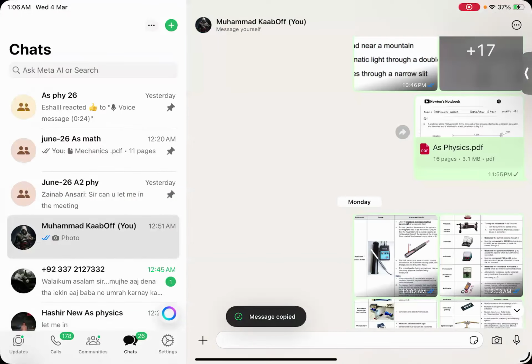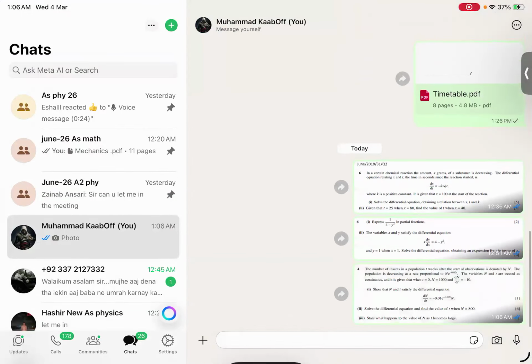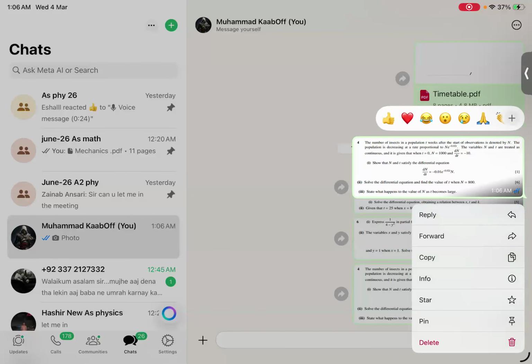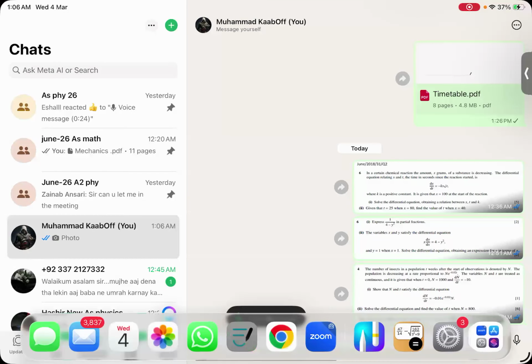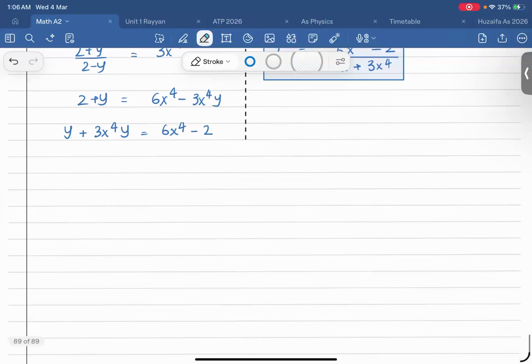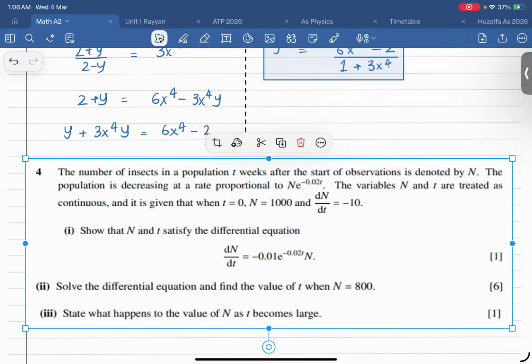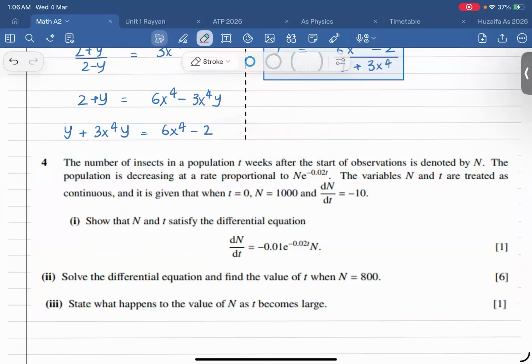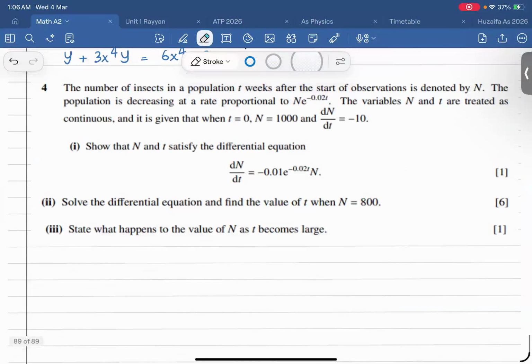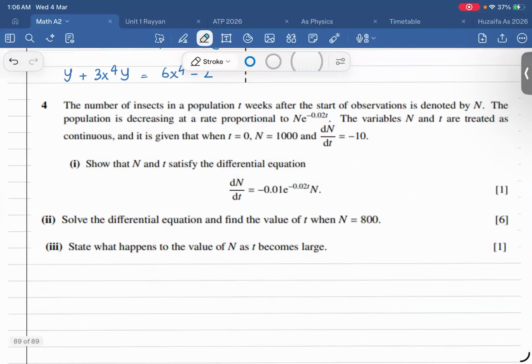So copy and paste. So this is another type of question, or another question of the same type, but a bit different. Okay, let's try this one.